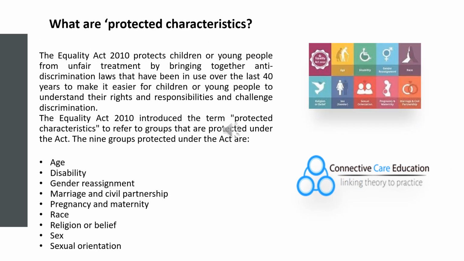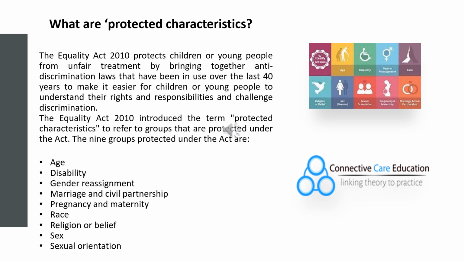What are protected characteristics? The Equality Act 2010 protects children or young people from unfair treatment by bringing together anti-discrimination laws that have been in use over the last 40 years to make it easier for children or young people to understand their rights and responsibilities and challenge discrimination.